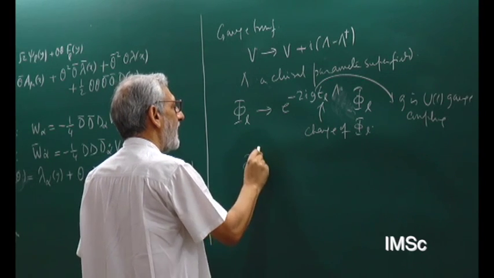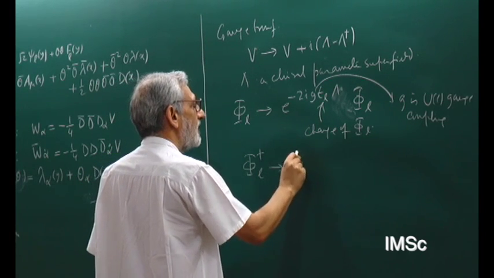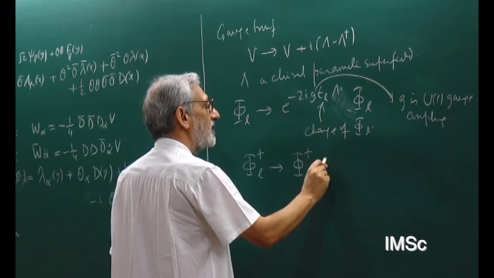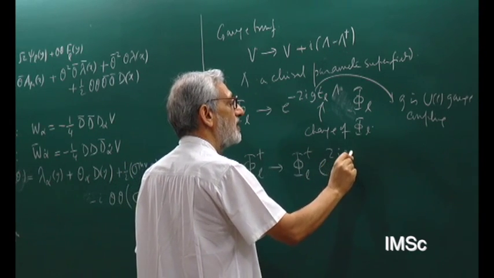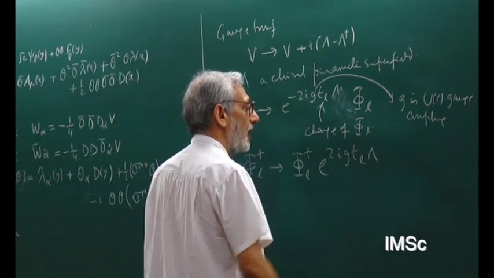And Phi_L dagger transforms as Phi_L dagger times exponential 2i g T_L Lambda dagger.